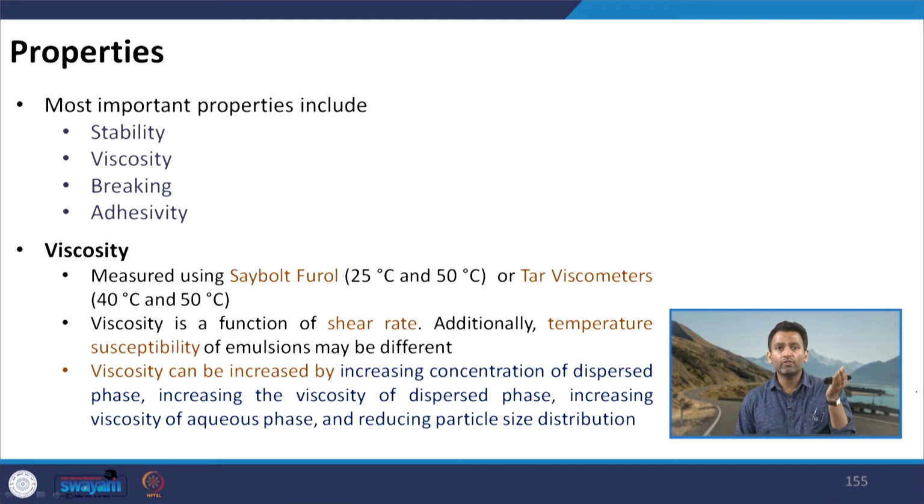So, for two different emulsions having two different types of bitumen, the temperature susceptibility can also be different. Let us compare two different emulsions. It is possible that we have an emulsion which is flowable at a little higher temperature, providing better workability, and at low temperature it provides higher viscosity.